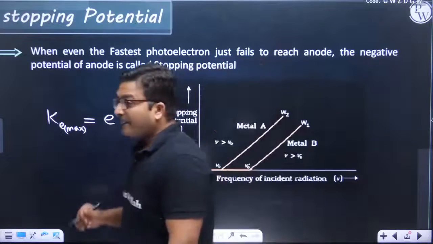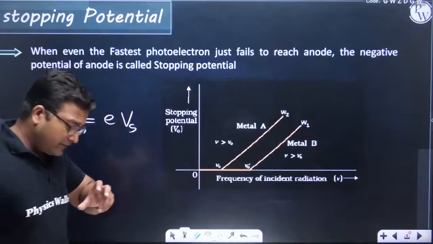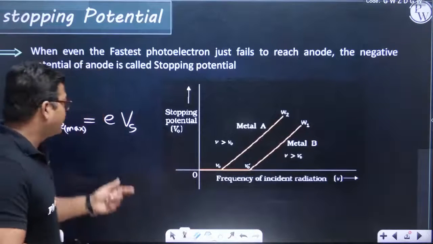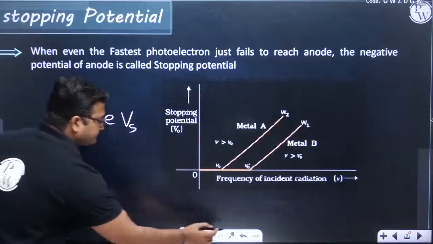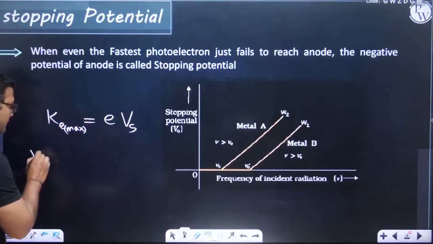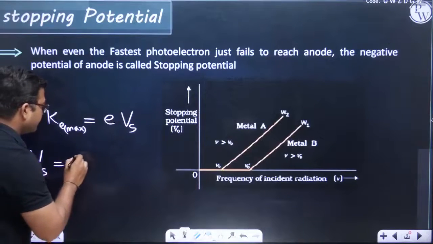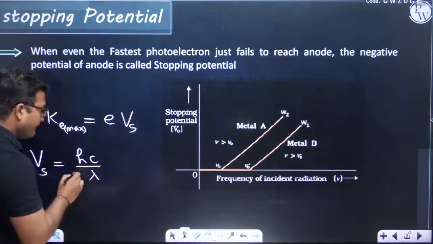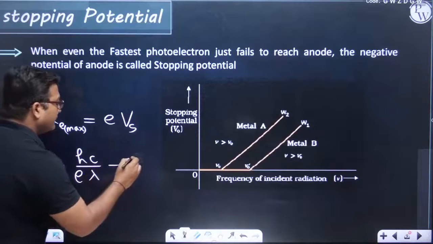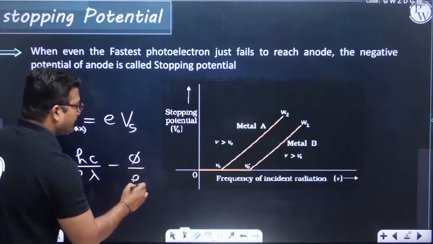As we know the equation of Ke max, the stopping potential's equation can be written as V stopping equals hc by lambda divided by e, or h nu divided by e, minus work function divided by e.